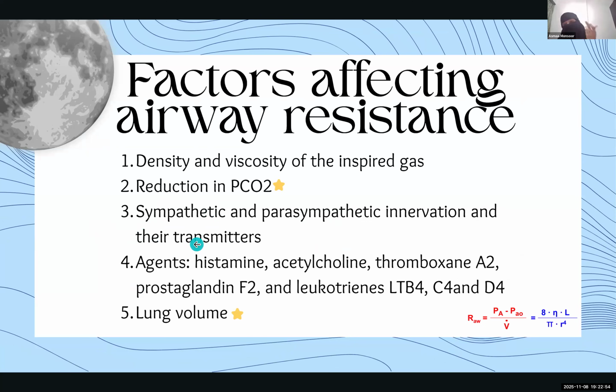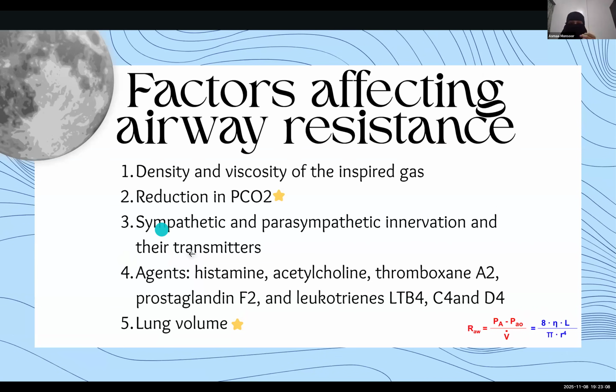So they release transmitters like epinephrine, norepinephrine to the smooth muscles, which either makes them contract or makes them relax. If it contracts, the radius decreases and resistance will increase. And if they relax, radius is going to increase and resistance is going to decrease.